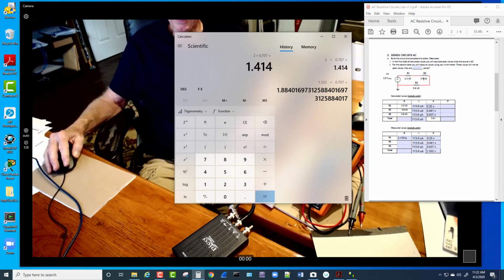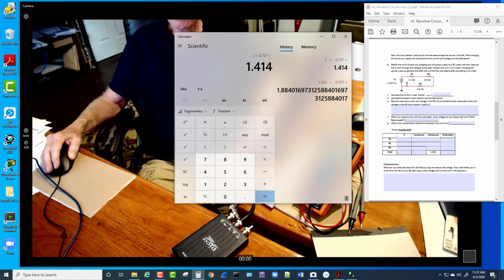I'm going to post this, and I'll be back with the last part of Lab 10, where we cover doing this as though it were a DC source. So here's that 1.414 volts, and I'll set this up with a battery.